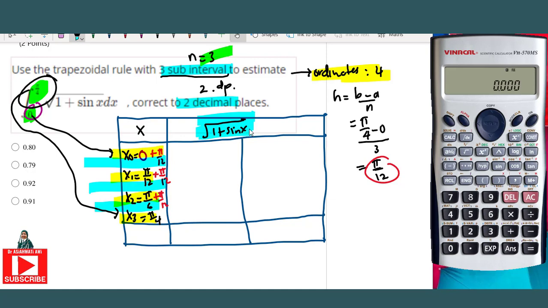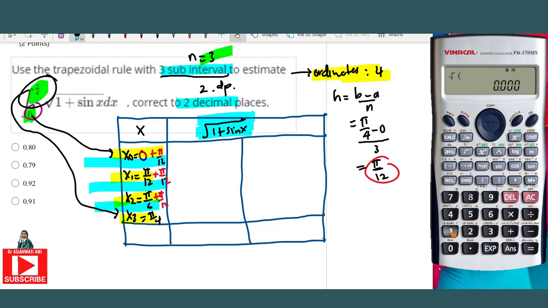Sin x is trigo, so change to radian mode, mode number 2. So in radian, now substitute in the calculator. Square root. This is the old version of the calculator; maybe you have a new version. Here you need to use a bracket. This is the old version.